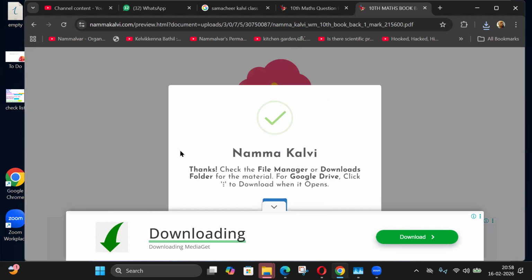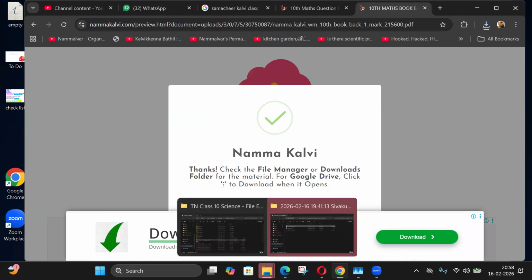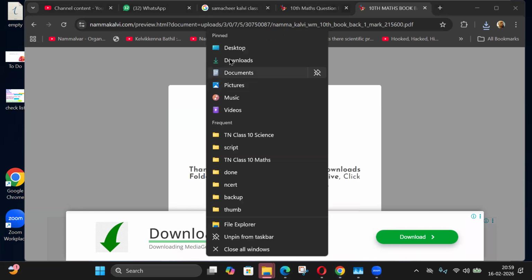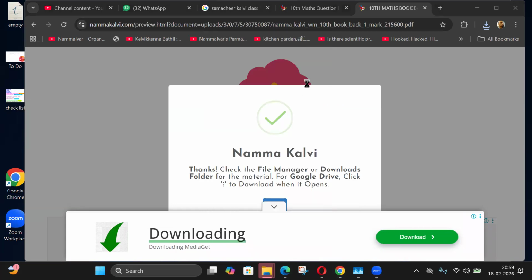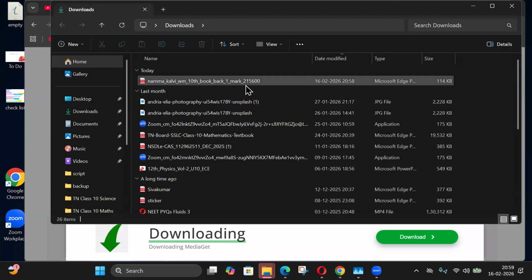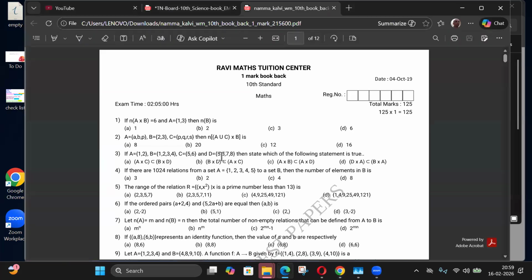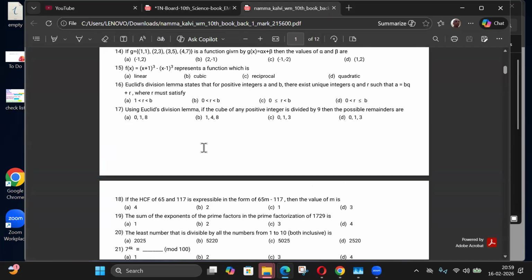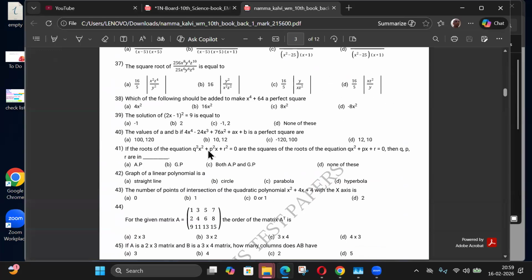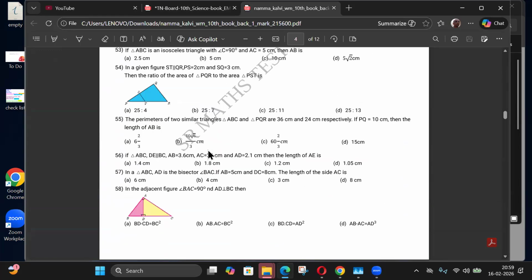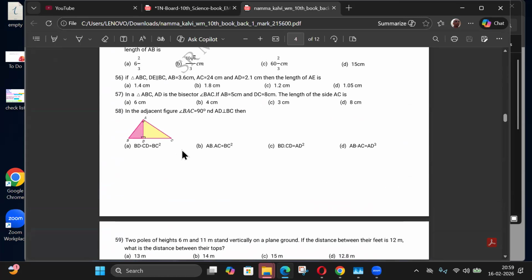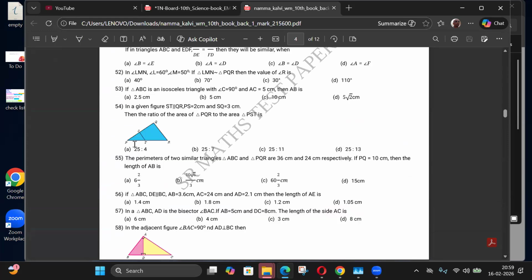Something Namakalvi is coming. Yes, sir. Before those exams, I used to see. So I'll send this on WhatsApp. Okay, sir. These are 1 marks, it's from the book, no? Yes, sir. It's figures in the book.